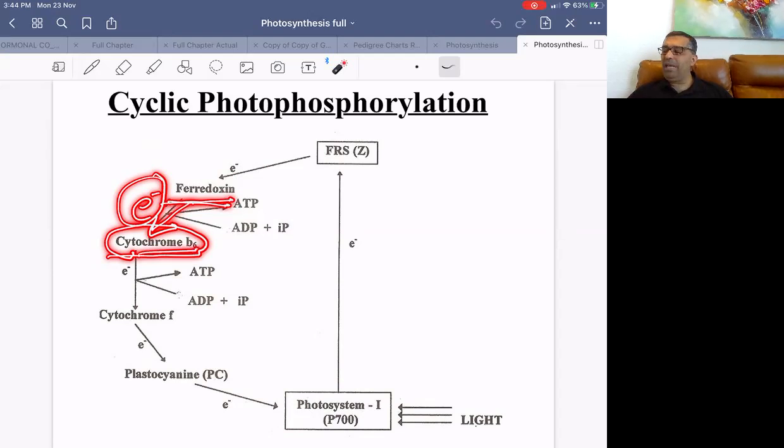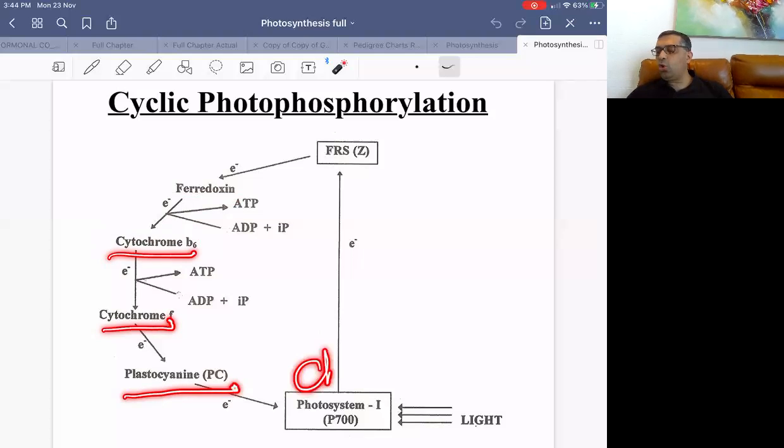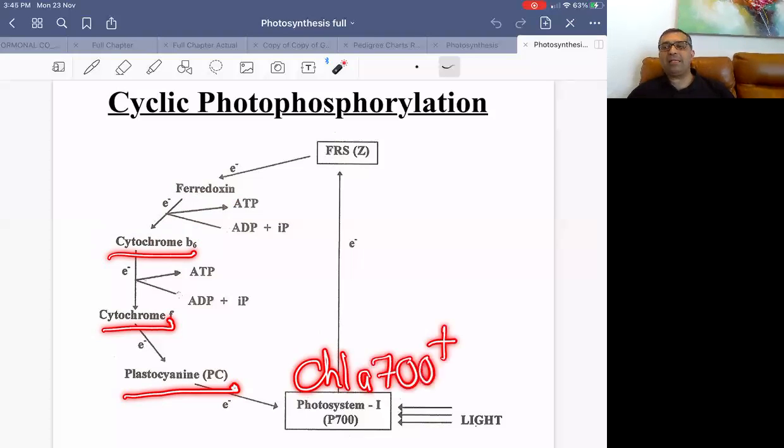From cytochrome B6, the electron will now go to cytochrome F. From cytochrome F, the electron goes to plastocyanin, and plastocyanin से भी ज्यादा electronegative with a greater redox potential is chlorophyll A 700 plus.